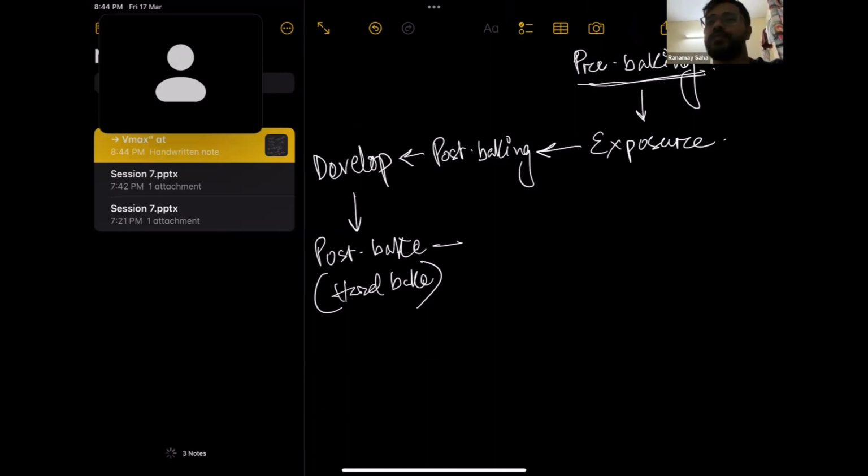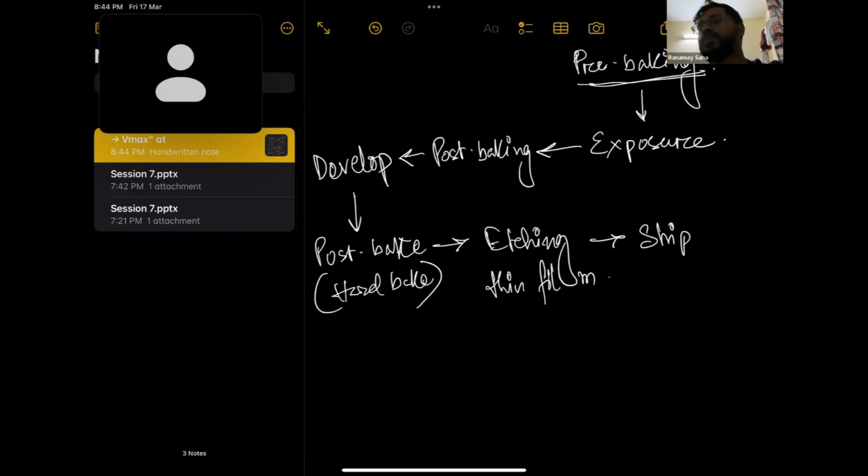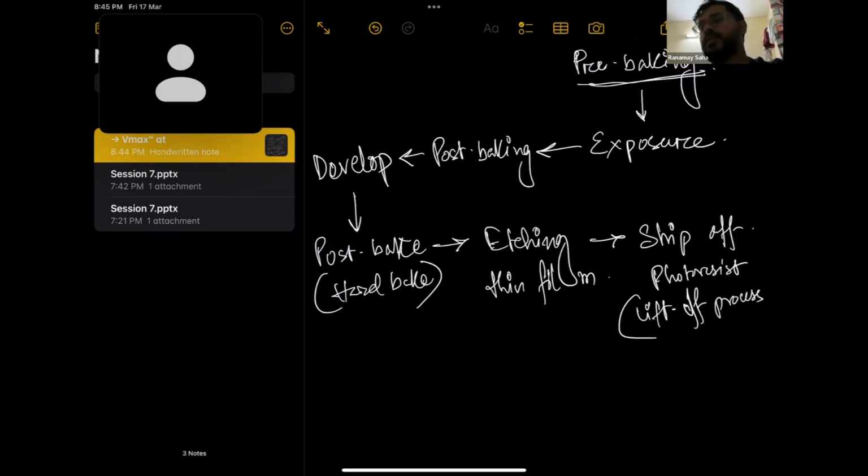After the hard bake, we go for etching, if it is required, of course. Maybe in case of glass, sometimes you can do that. And then you strip off the photoresist, which is called the lift-off process.